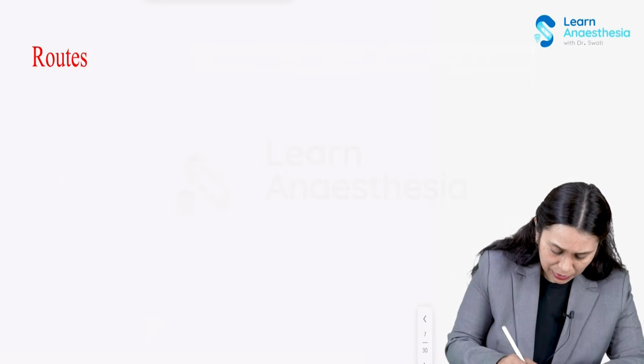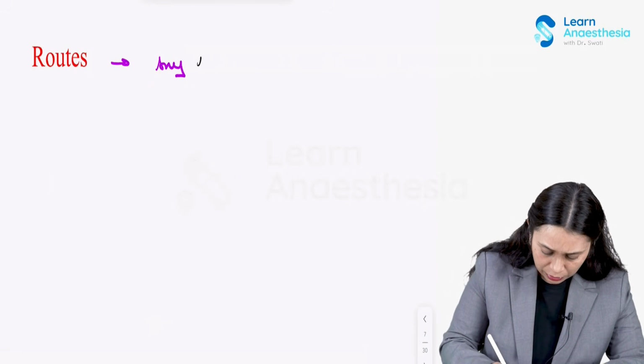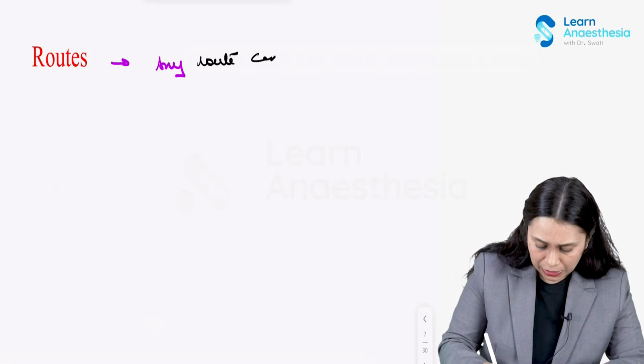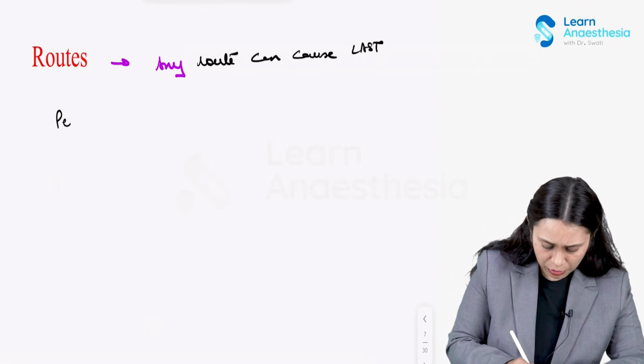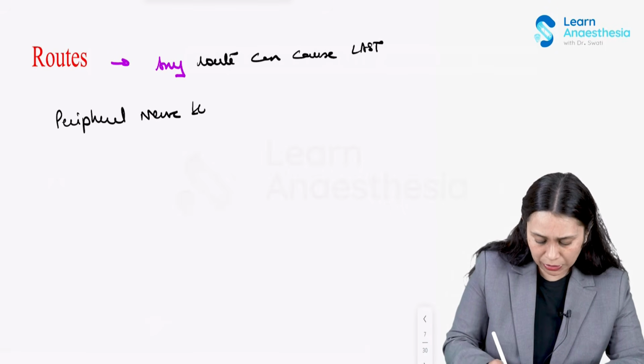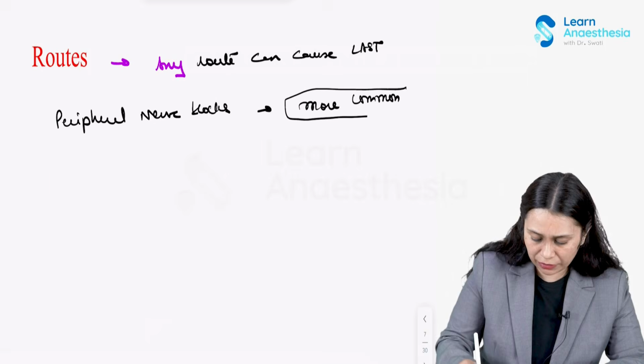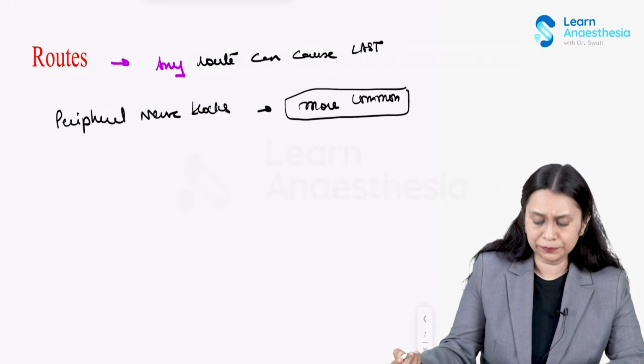So remember that any route can cause LAST. Peripheral nerve blocks more commonly cause LAST. LAST is more common through peripheral nerve blocks overall, right?